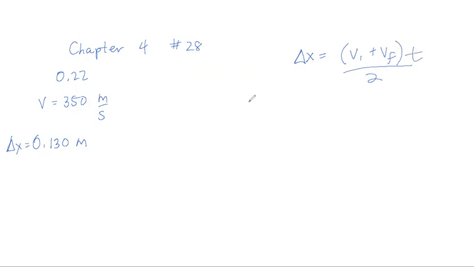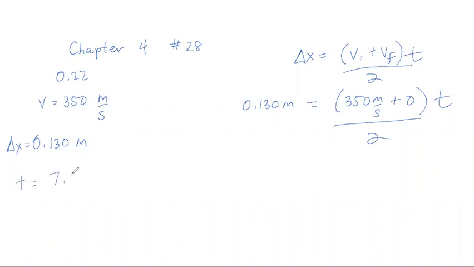So we're going to solve for t. 0.130 meters equals 350 meters per second plus 0, since it stopped, divided by 2 times t. And t is going to be equal to 7.43 times 10 to the negative 4th seconds.